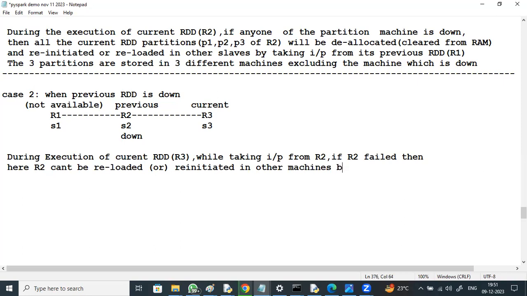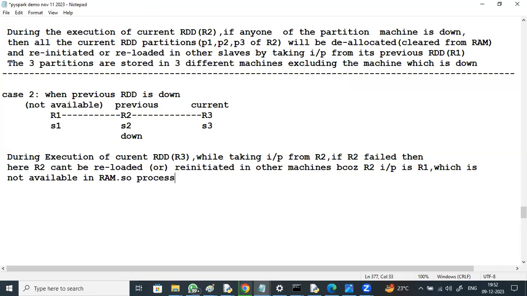because R2's input is R1, which is not available in RAM.